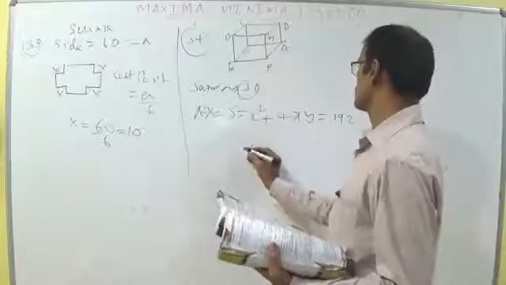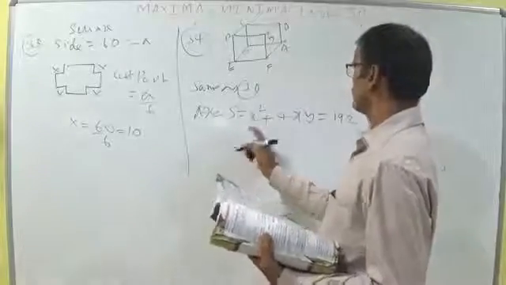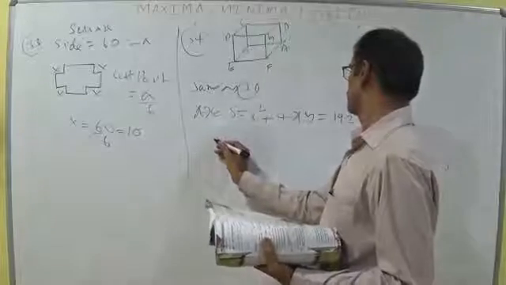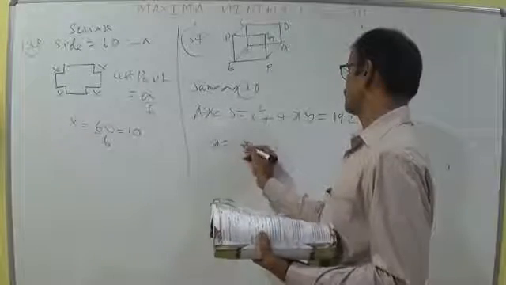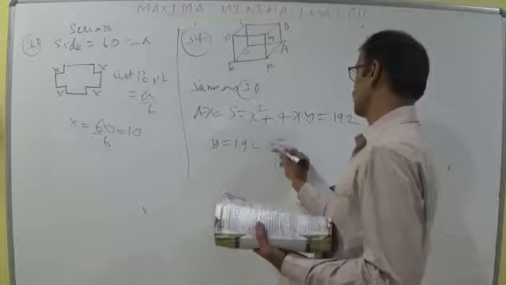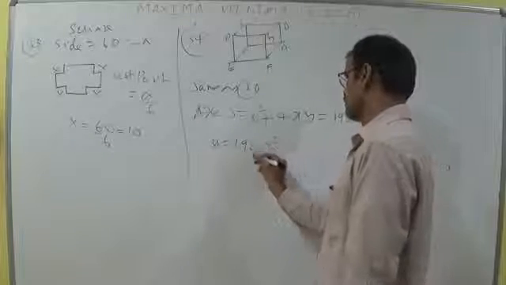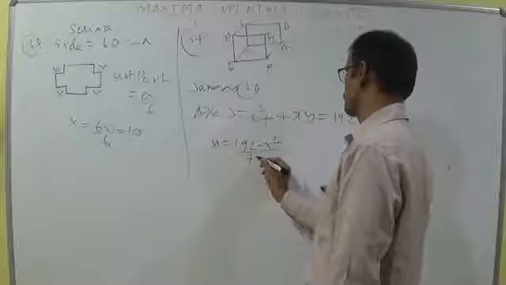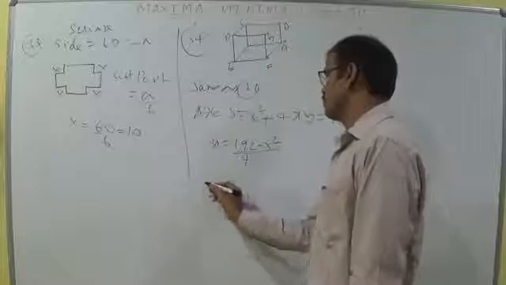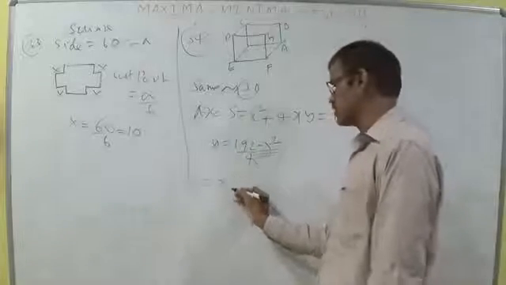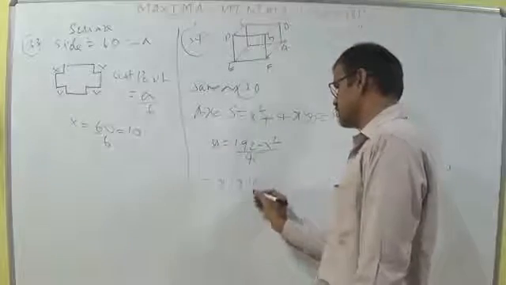So let us discuss about y. X square plus 4xy he given 192. So let us write y is equal to 192 minus x square by 4x. Volume V I am writing. Volume of the box is length into breadth into height, x into x into y.